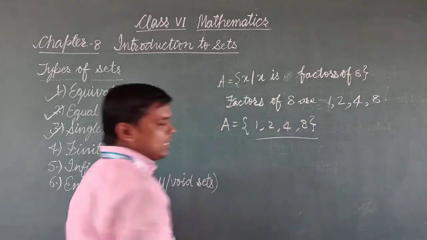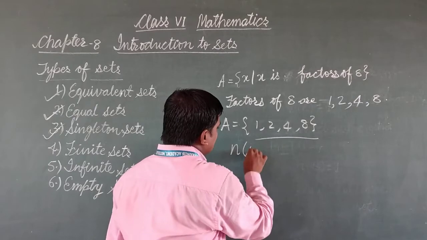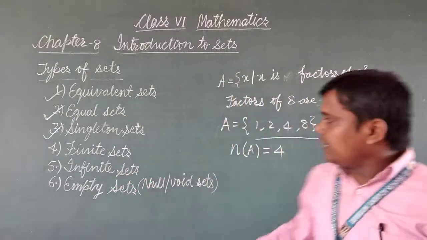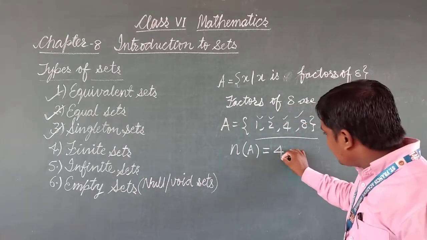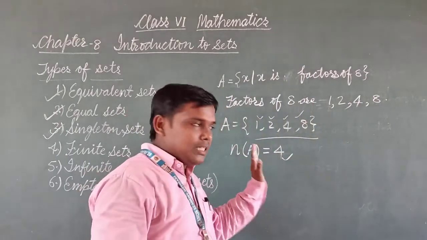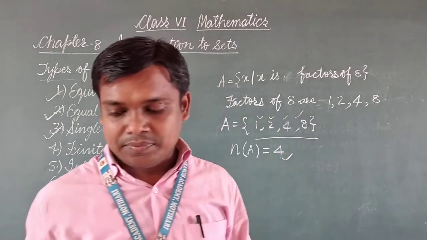Now the elements of set are here, means we can write a cardinal of set A, which is 4. We are able to write the elements of set, that is we can list the set, and also we can count the number of elements present in the set. So this kind of set is called finite set.